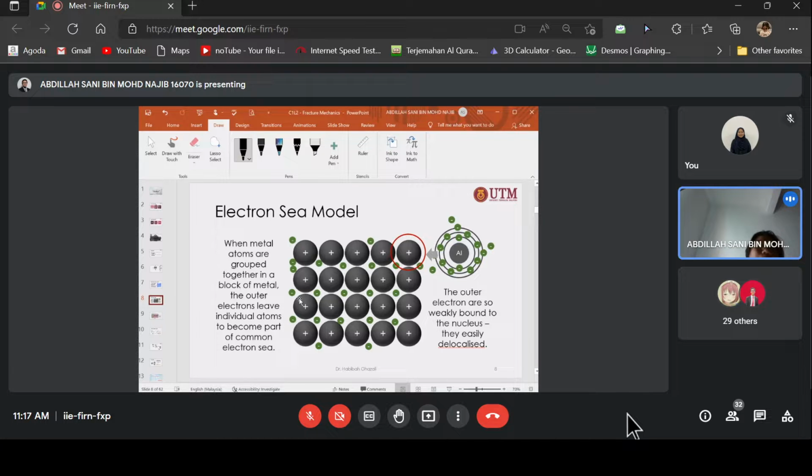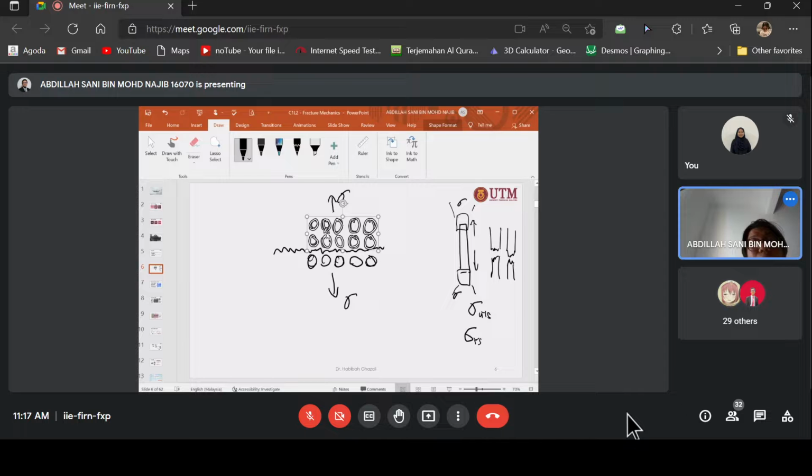Each of the atoms is bonded to each other. They have attraction, a force that attracts them together. They don't crumble; this force holds them together.